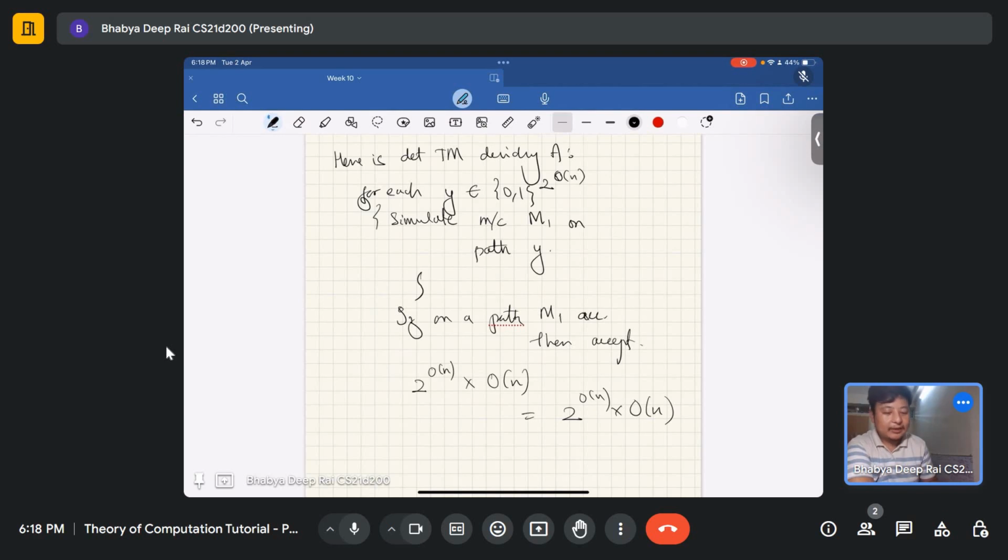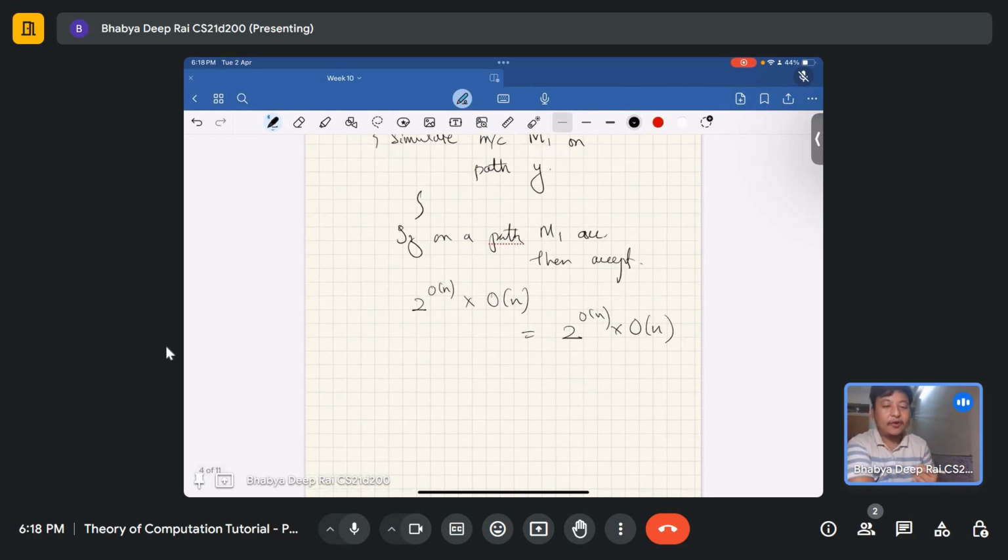Now, because of order notation, we know that this is the dominant term here. I can always give 2 to the cn such that 2 to the cn is greater than this term. So the times order n does not matter much. So this is again 2 to the order n.